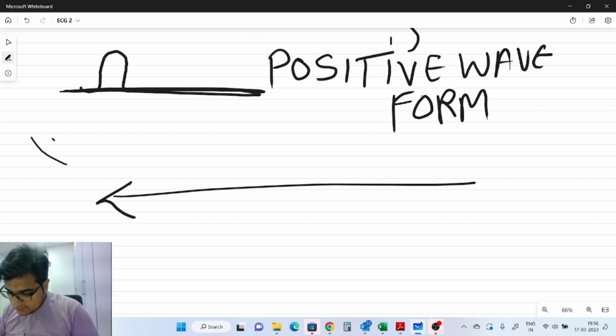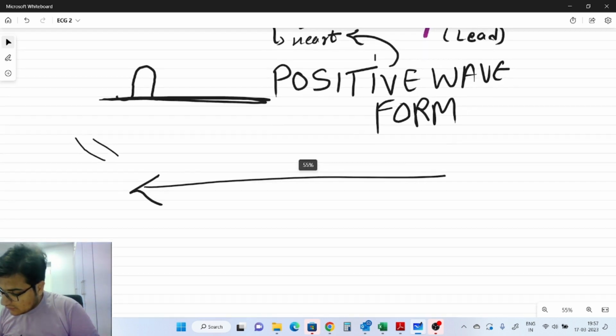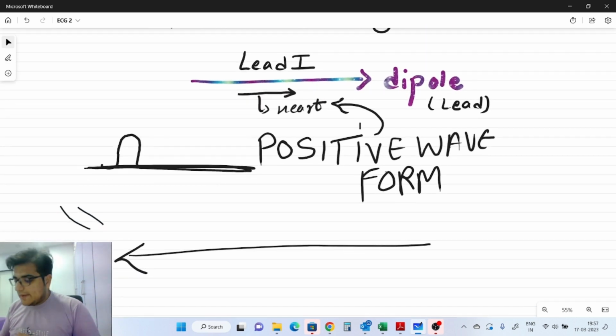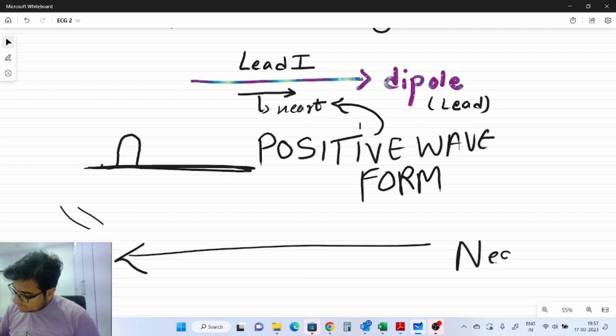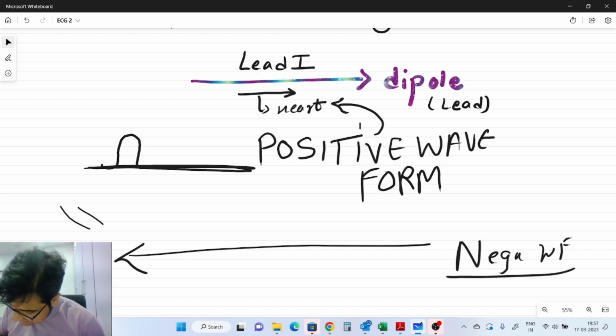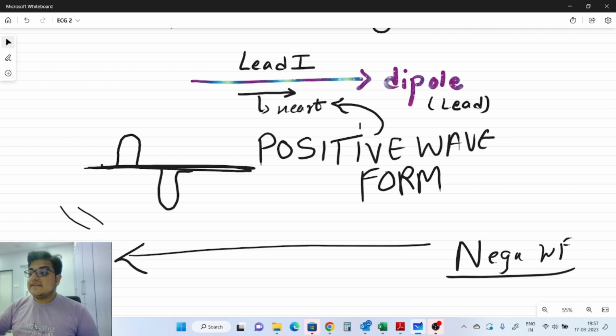I'll bring it in one frame. So if we have the dipole direction opposite, it's going to give a negative waveform, so the wave will go down. This is the basic concept of ECG, as in why certain waves go above the x-axis and why certain waves go below the x-axis. So this is one point that you need to understand.